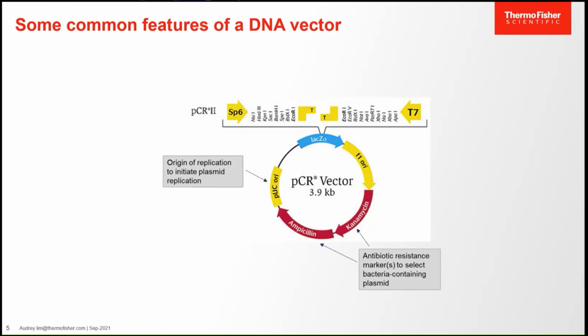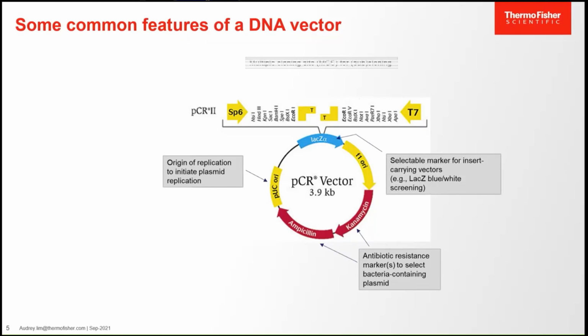Next, an important feature is the multiple cloning site, which is within the selectable marker. In this case, it is the lacZ gene here. The multiple cloning site is basically a sequence that has many recognition sites for various restriction enzymes, so that is where we are going to insert our gene of interest.